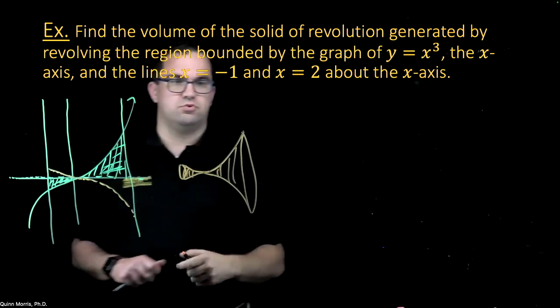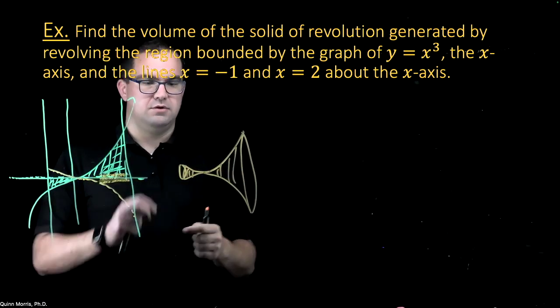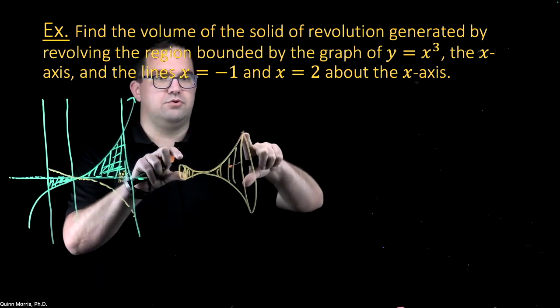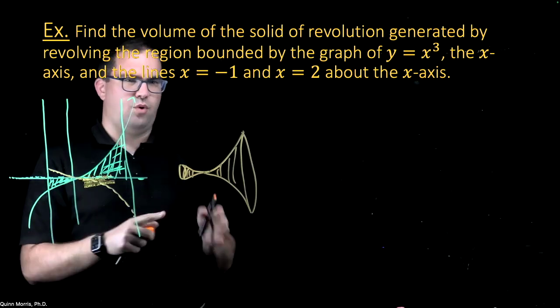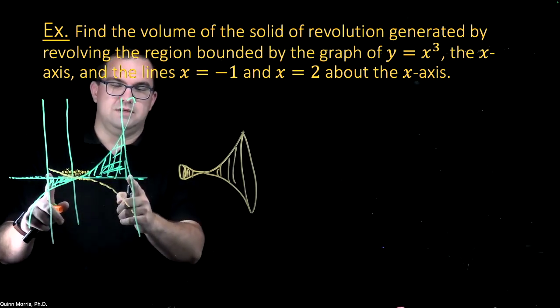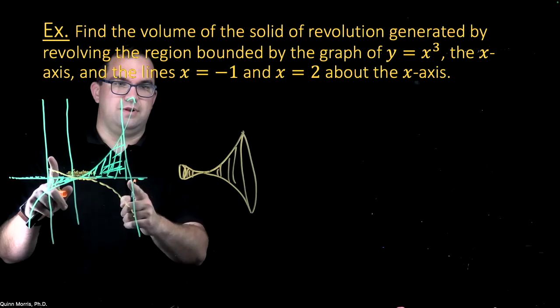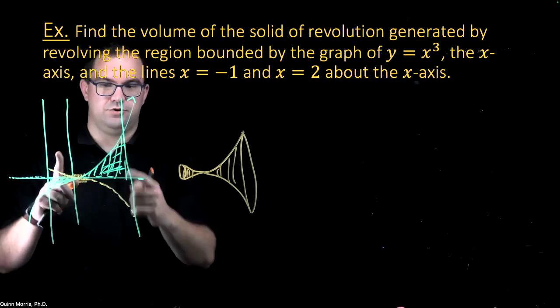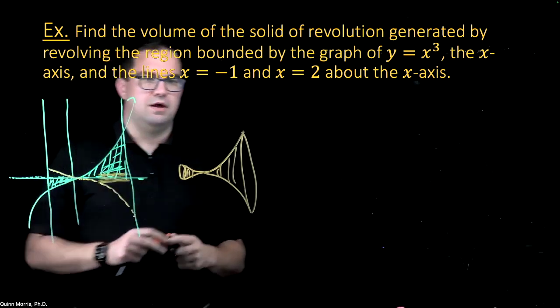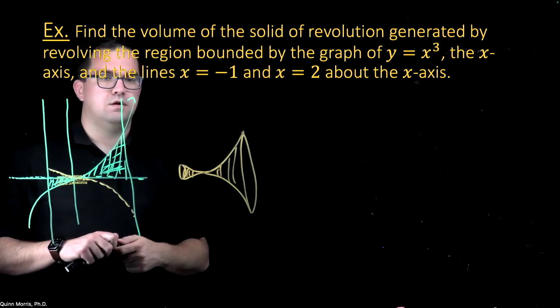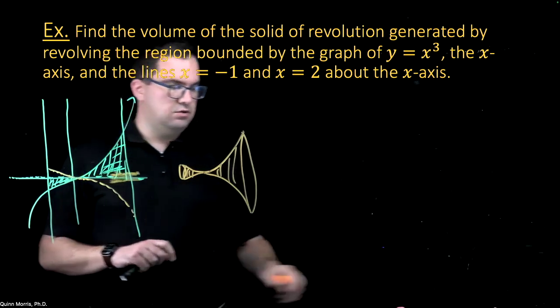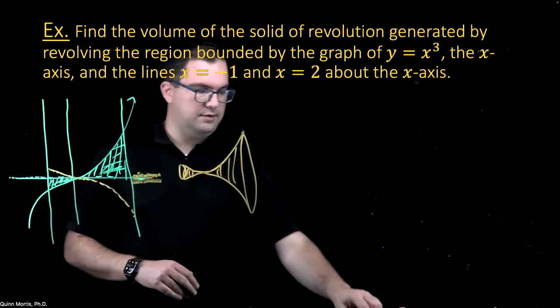You're going to end up with this sort of horn shape. So you have a smaller circle over here, a bigger circle over here, and then it's pinched in a bit in the middle. And it's not quite symmetric, because x equals negative 1 and x equals 2 aren't symmetric about the y-axis here.